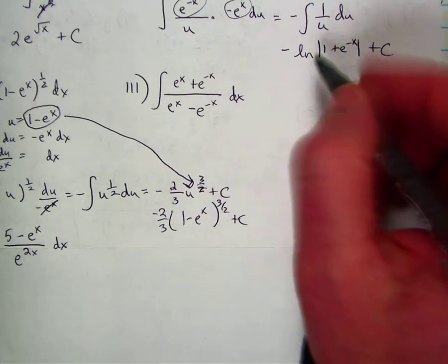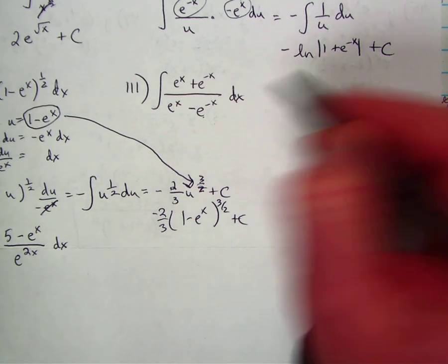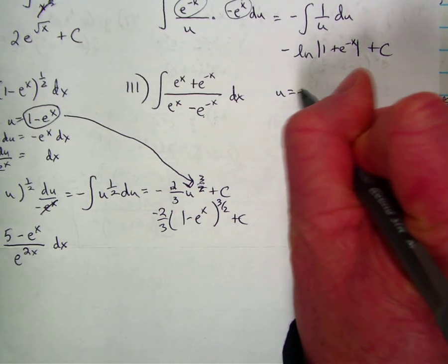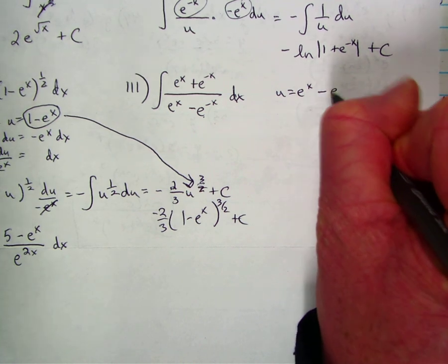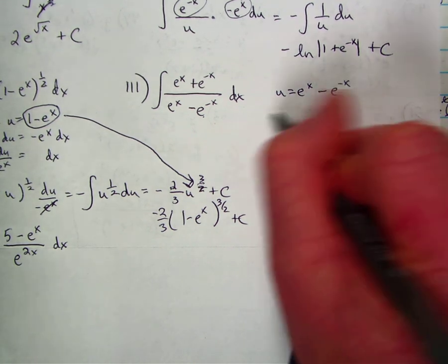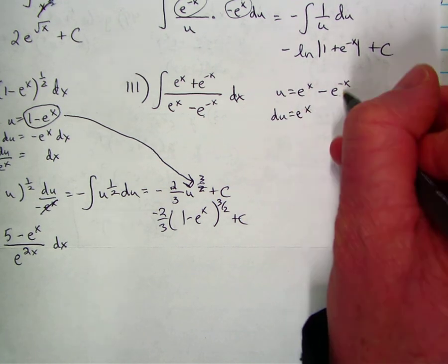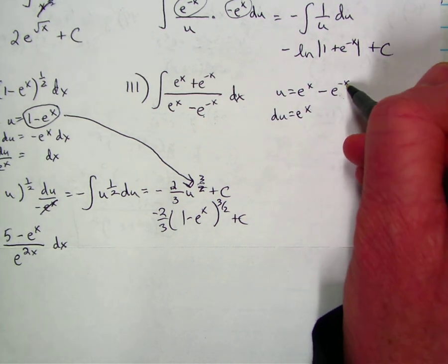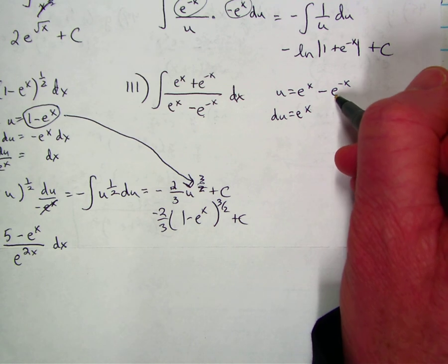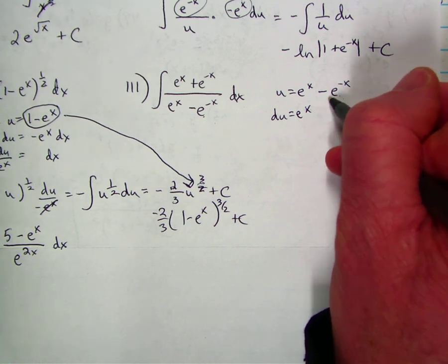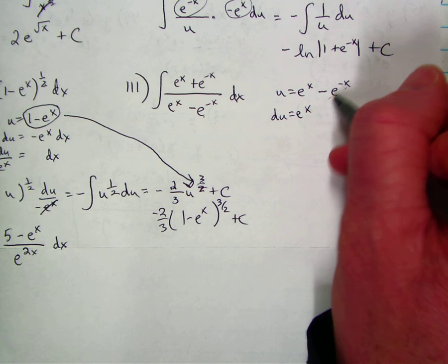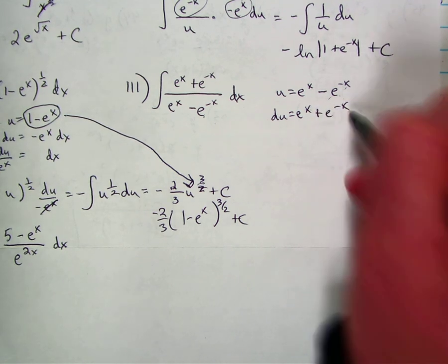I'm going to just start this one, not finish it, because again, you're starting to see a pattern. Try to let u be the denominator, and then see if when you take the derivative, you get something really close to the numerator. So the derivative of negative e to the negative x is e to the negative x times -1 minus, so that's going to be a plus.